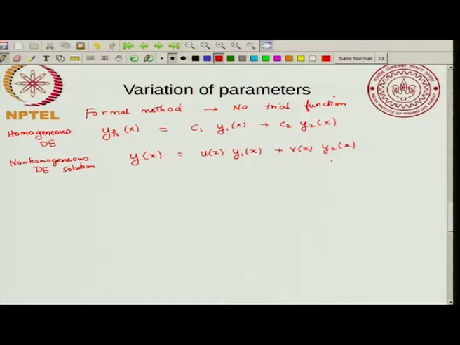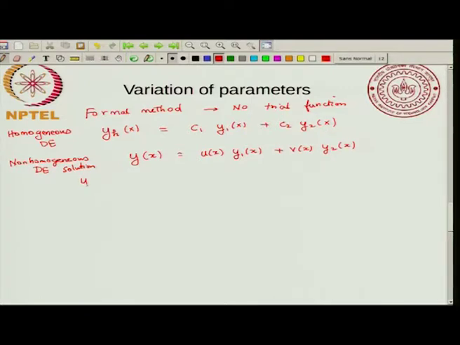This is just like the variation of parameters that we used in the case of first order differential equations. If you take this and substitute it in the original differential equation, let us work out what happens.